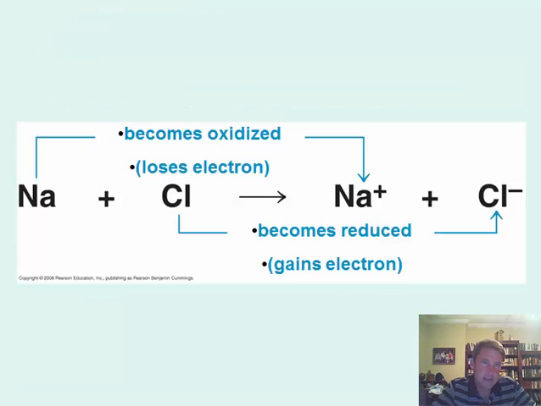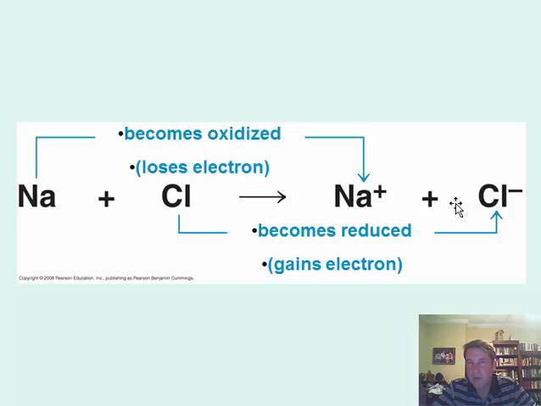So we can see this in this simple formula here, where sodium and chlorine are combined together, and sodium becomes oxidized. Oxidized again means that it loses an electron, and then chlorine becomes reduced, meaning that it gains an electron, and this changes the charge.